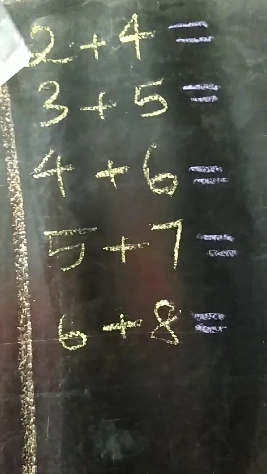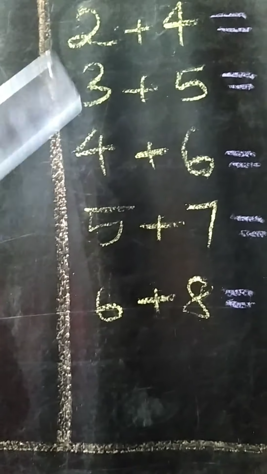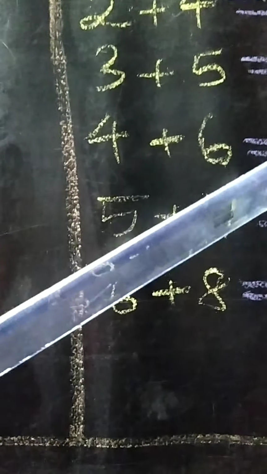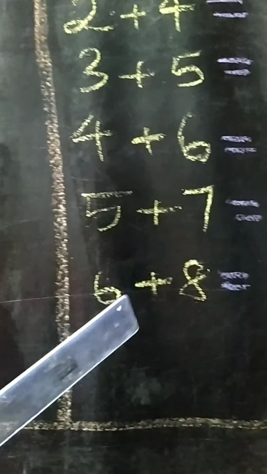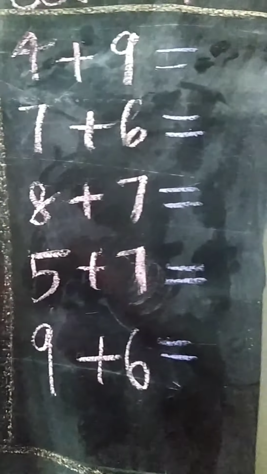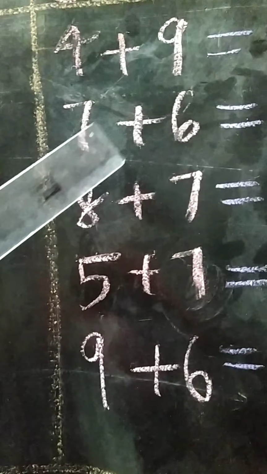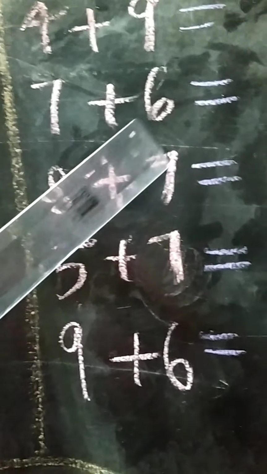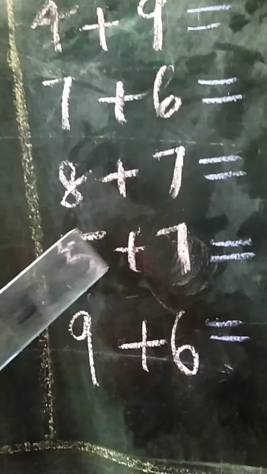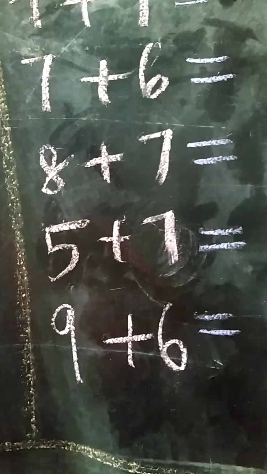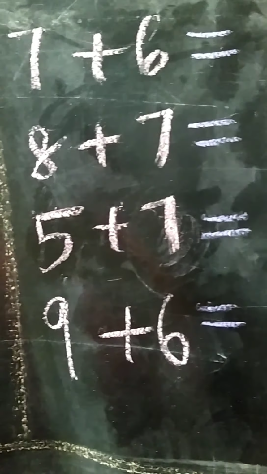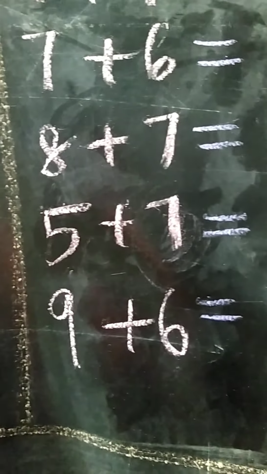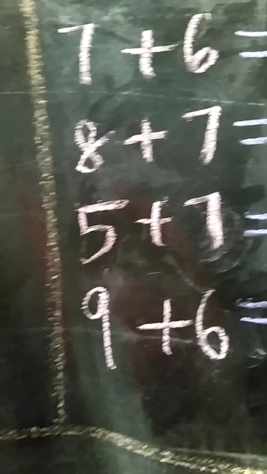Your set 3 consists of 2 plus 4, 3 plus 5, 4 plus 6, 5 plus 7 and 6 plus 8. Your set 4 consists of 4 plus 9, 7 plus 6, 8 plus 7, 5 plus 7 and 9 plus 6. You just have to know the numbers at least until 25 to solve these sums by yourself.